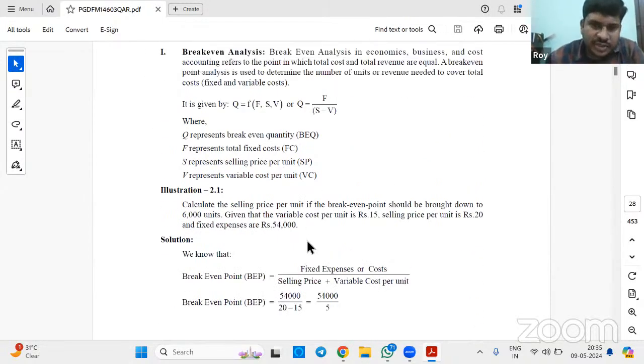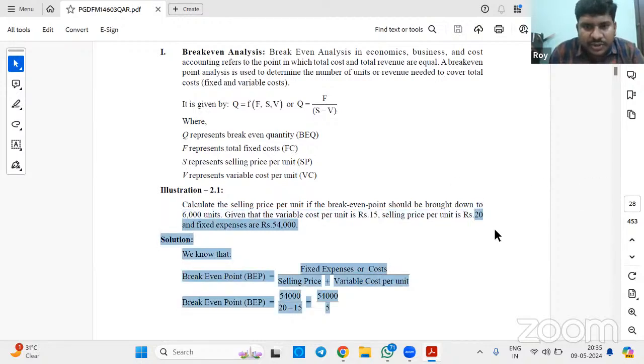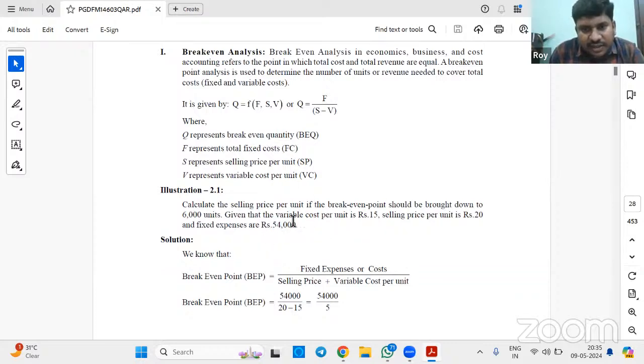So now let us see the illustration: calculate the selling price per unit if the break-even point should be brought down to 6,000 units, given that the variable cost per unit is 15 rupees, the selling price is 20 rupees, and the fixed expenses are 54,000. My expenses for manufacturing the units are 54,000.